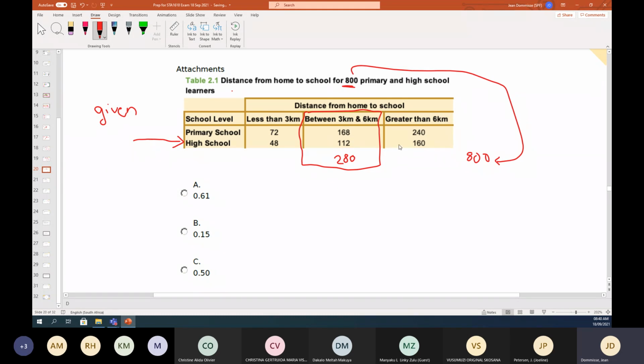Okay, so we're working and we need that total. So that is 160, 160, 320. Okay, so can you guys remember what the formula is when we get something that is a given?